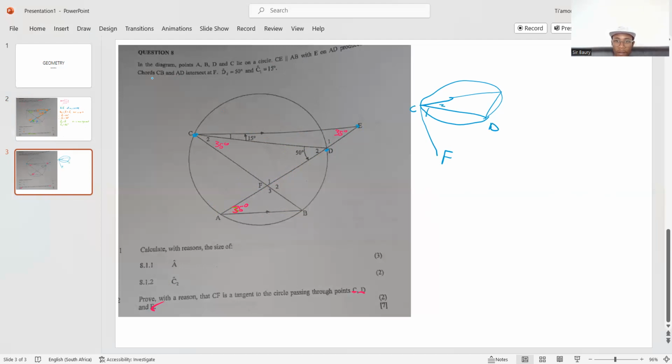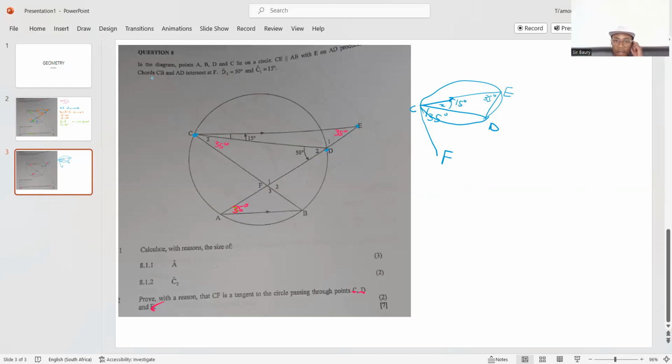There is D, there is E. So this is 35 degrees. This is also 35 degrees. Then we know that this is 15 degrees.